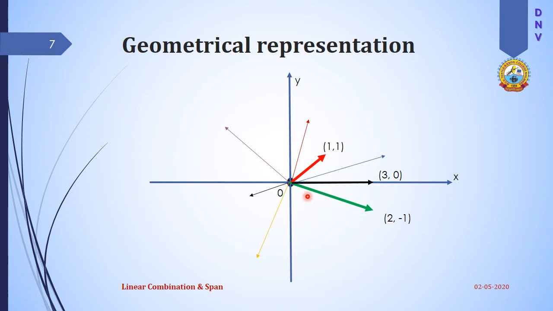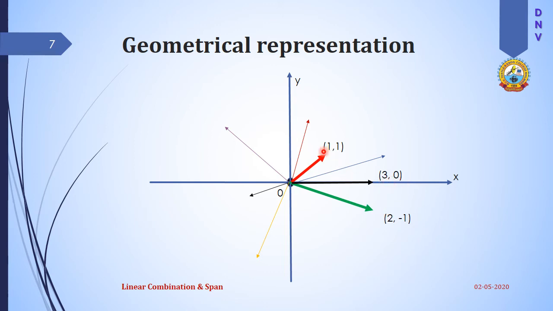Here we can see that these are the two vectors, red and green. (1, 1) is the first vector and (2, -1) is the other vector. Then this black vector is the sum of these two, that is 1 times this vector and 1 times this vector, giving (3, 0).